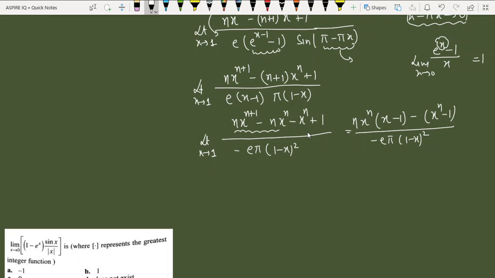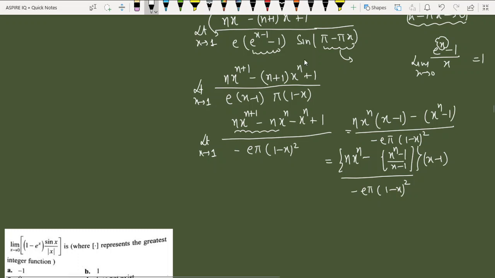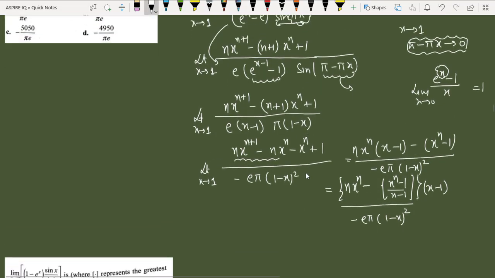Now I will take (x − 1) common, and you can write (x^n − 1)/(x − 1) over e π(1 − x). The common part (x − 1) is written here, and you can simply cancel it out; a minus sign will be available.